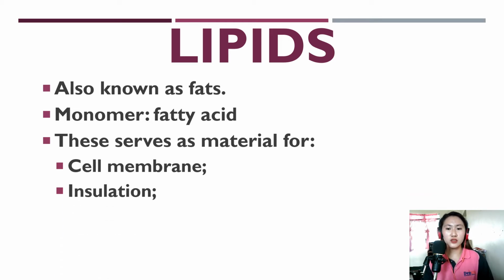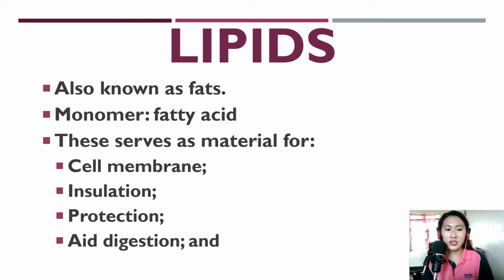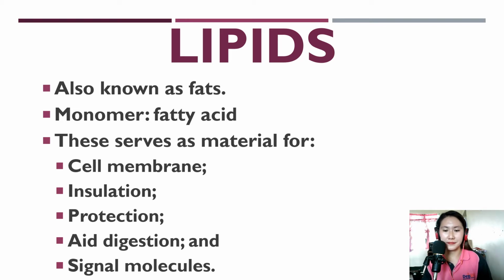They also serve as insulation to maintain the body temperature of an organism. They also serve as protection, aid digestion, and act as signal molecules or precursors for some hormones.